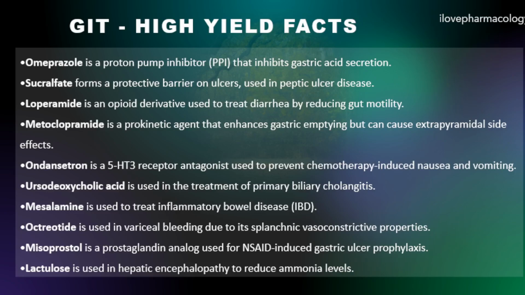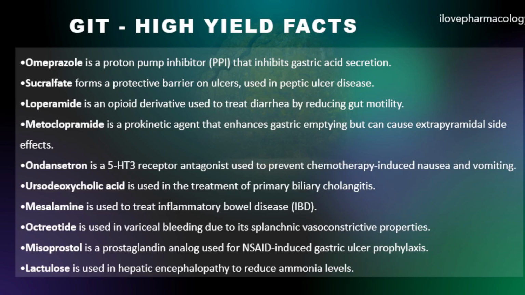Ondansetron, a drug which blocks the 5-HT3 receptor, is used for preventing chemotherapy-induced nausea and vomiting. So ursodeoxycholic acid is used in the treatment of primary biliary cholangitis.